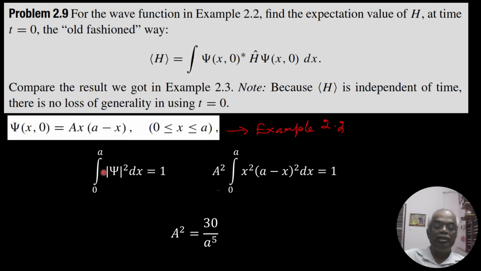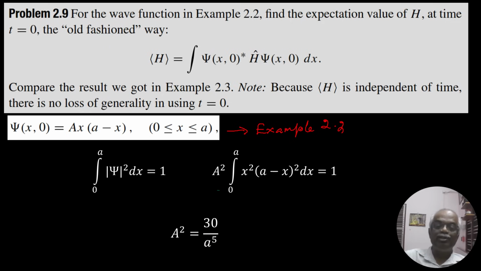You replace modulus psi squared by this wave function. So it is equal to A squared, which I am taking outside, and x squared times (a minus x) whole squared. If you expand and carry out this straightforward simple integration, you will get A squared equal to 30 over a to the power 5.